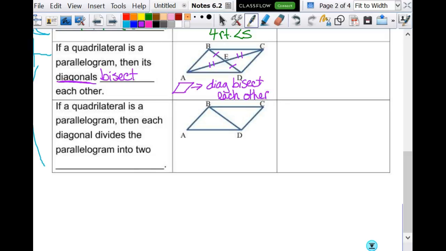Okay. Remember, the diagonals themselves are not necessarily congruent. So all four pieces could possibly be congruent, but that's not the norm. All right, so then BE is congruent to ED, and AE is congruent to EC.